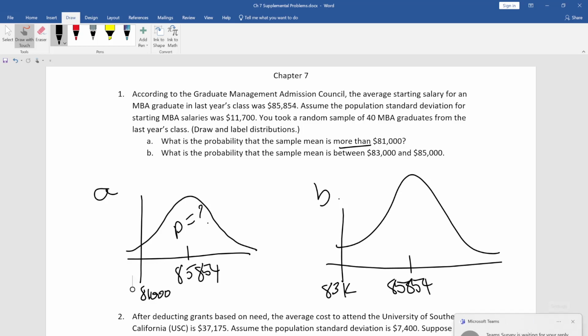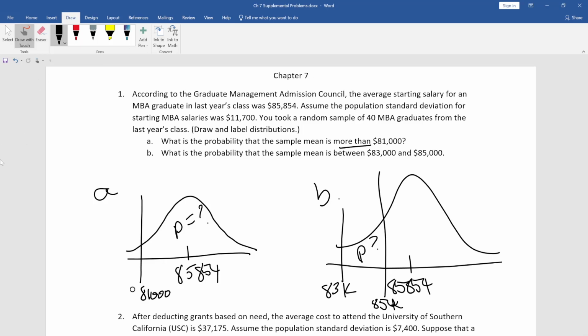I'm just going to put 83K. 85,000 is going to be somewhere around here. 85K. And we are trying to find the probability in the center.